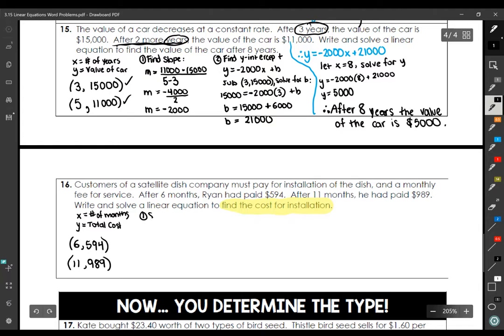Okay, so now we're going to determine the slope. So we get m is equal to y2 minus y1, so 989 minus 594, divided by x2 minus x1, so 11 minus 6. 989 minus 594, we're going to get a nice 395 over 5.